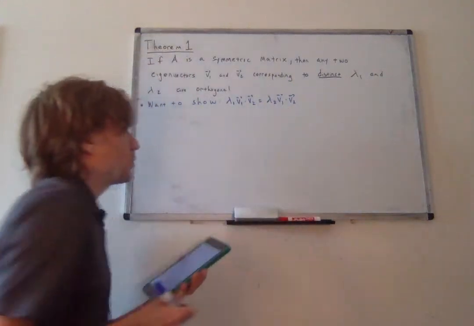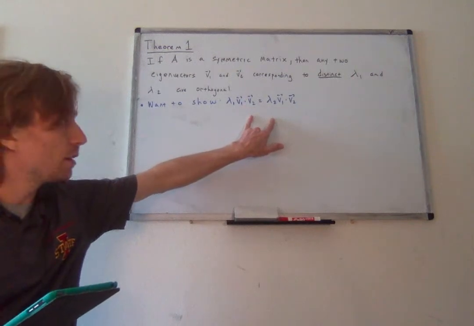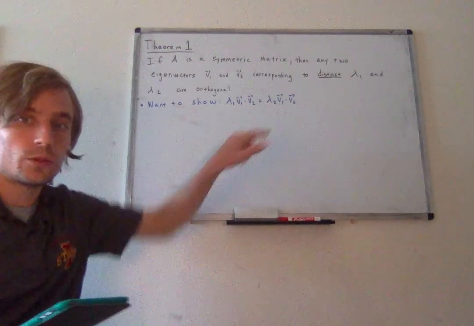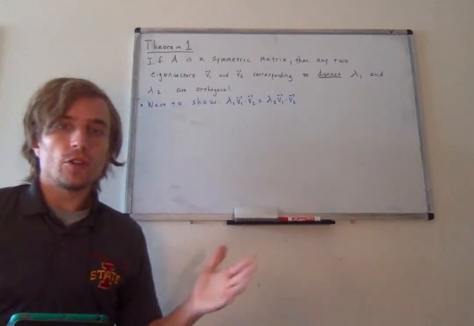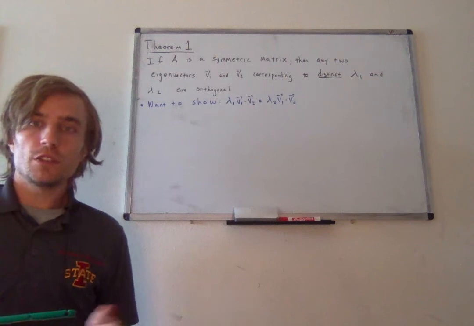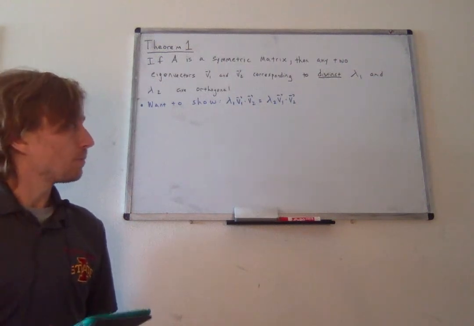If we can show that this is true for every symmetric matrix, this will imply that v1 and v2 must be orthogonal, as we'll see in a second. With this proof, I've outlined the steps, so I would pause the video here and try to work out the steps on your own.